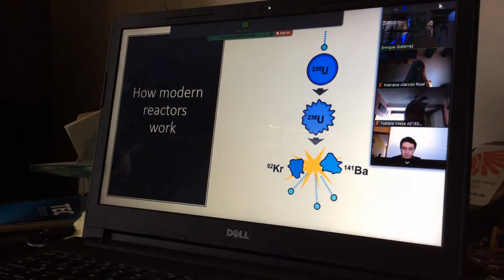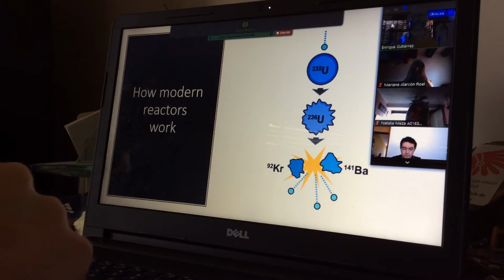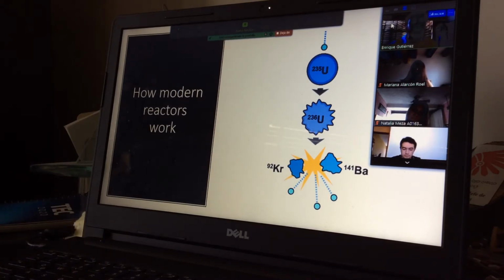Okay, so simple. Now, modern nuclear reactors work by fission reactions. They have uranium-235 atoms, and they hit them with a neutron, which is the small blue circle on top, and that causes the fission reaction to start.